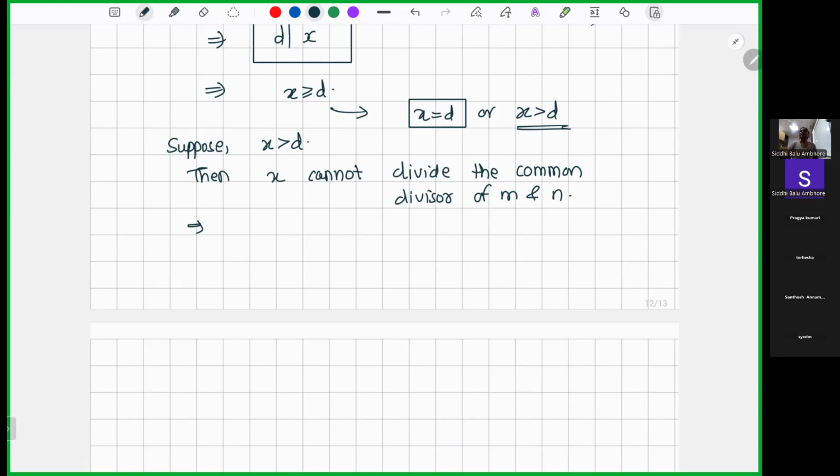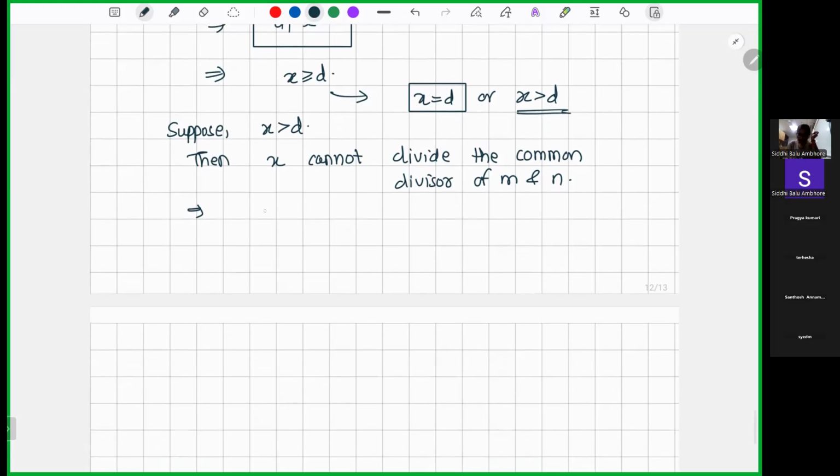So x does not divide m and x does not divide n simultaneously. Understand that. Okay, so we have x does not divide m or x does not divide n. Is this understandable? Because d is a common divisor and x is anyway greater than d. D is the GCD, that is greatest common divisor. And so anyway, x is greater than the greatest divisor. It cannot divide other divisors.